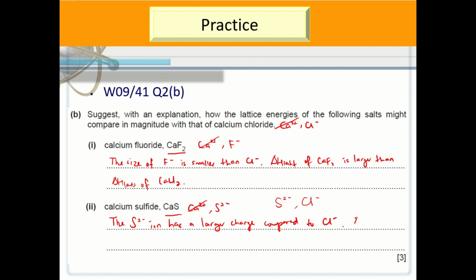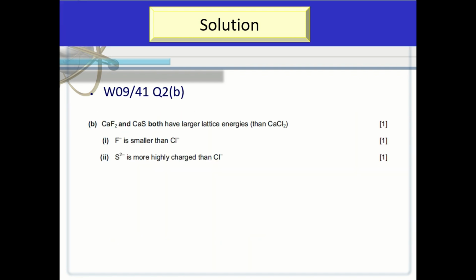So again, lattice energy of calcium sulfide, its magnitude will be larger than the lattice energy of calcium chloride. You can look at the mark scheme to see how marks are allocated for your answers.